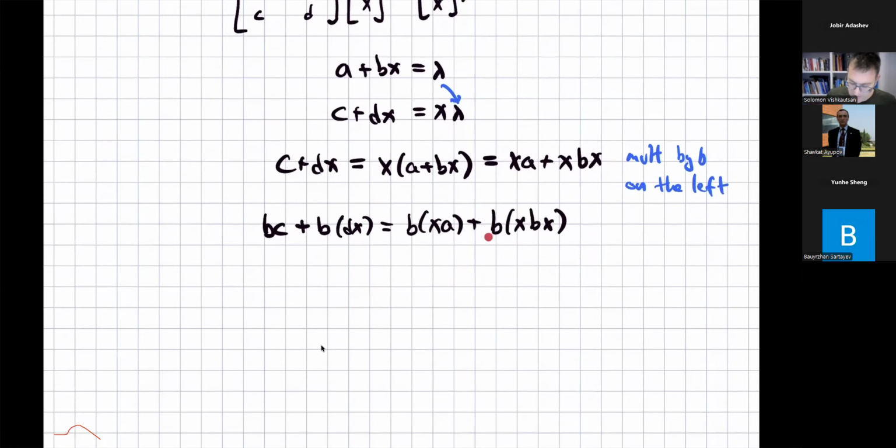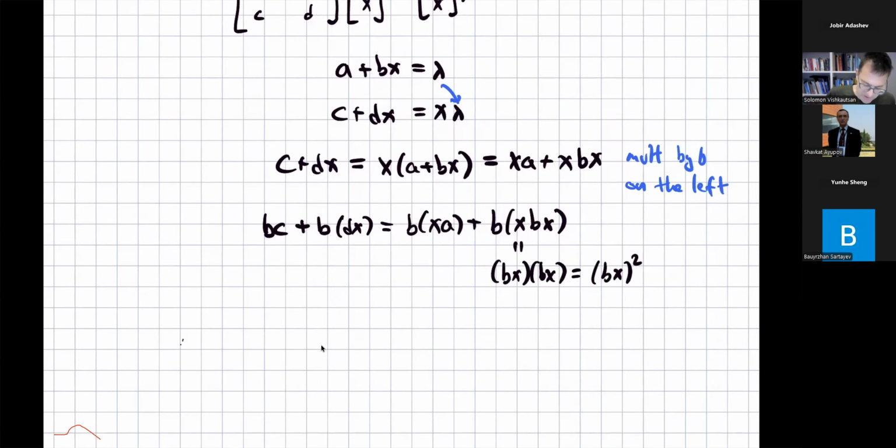And here again, we can use alternativity. Any two elements in an alternative algebra generate an associative subalgebra. This is by Artin's theorem. So we can move the parentheses around, and basically here it is equal to bx, or in other words (bx) squared.